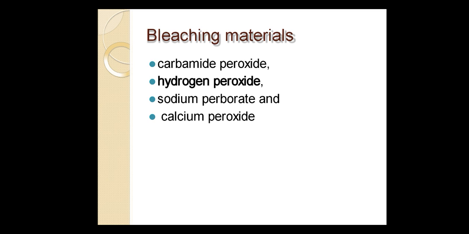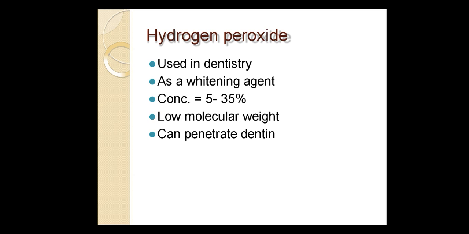The next part is what are the bleaching materials. Basically all the bleaching materials are peroxide compounds. They can be divided into carbamide peroxide, hydrogen peroxide, and sodium perborate. Coming to hydrogen peroxide, its concentration ranges from 3 to 35%. 35% H2O2 is also known as superoxol.